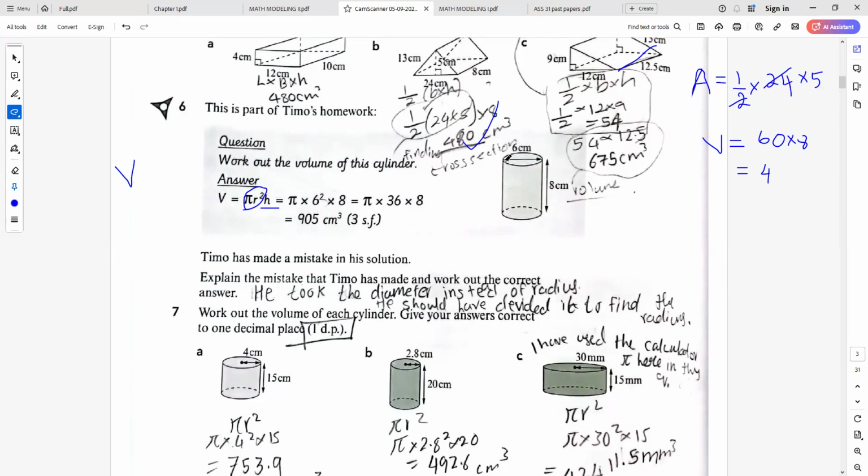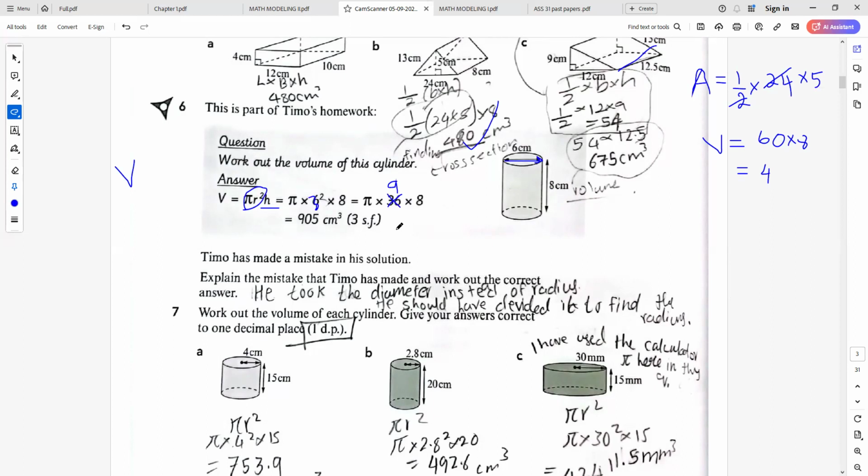This diameter is 6, which means the radius should be 3. So they should have substituted 3 here. 3 squared into 8. Then the answer would not be this 36. This is supposed to be 9. Okay, 9.